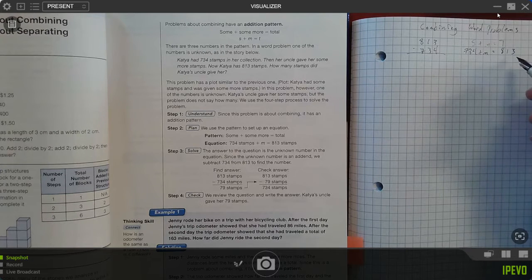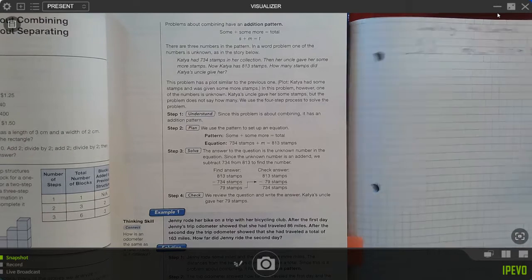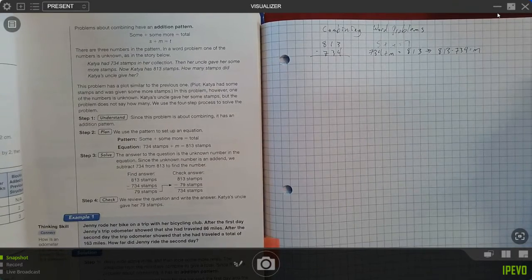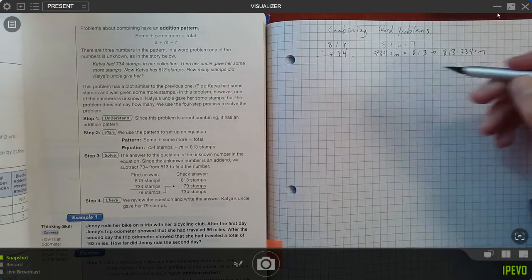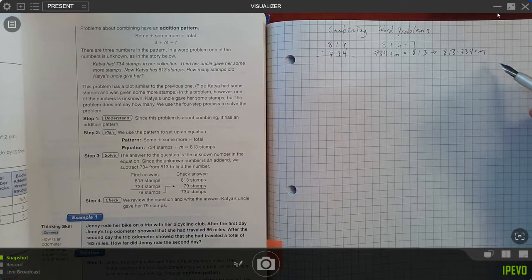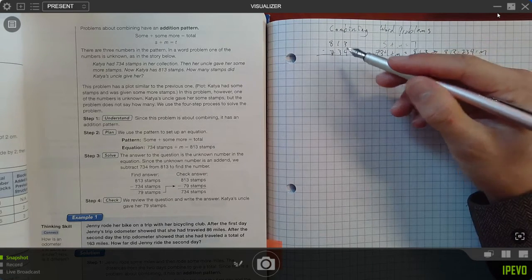But then our subtraction facts tell us that we can flip this, and we can change this into 813 minus 734 equals M, which, as you can see, I've already set up here. Okay. If you don't need to go through the steps of thinking it out, if you can just immediately jump here, I'm not going to be mad at that. Okay, feel free.